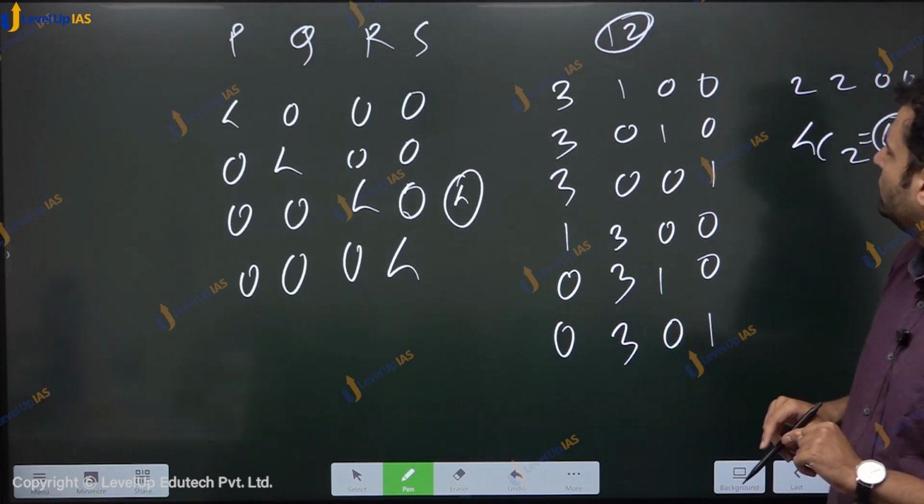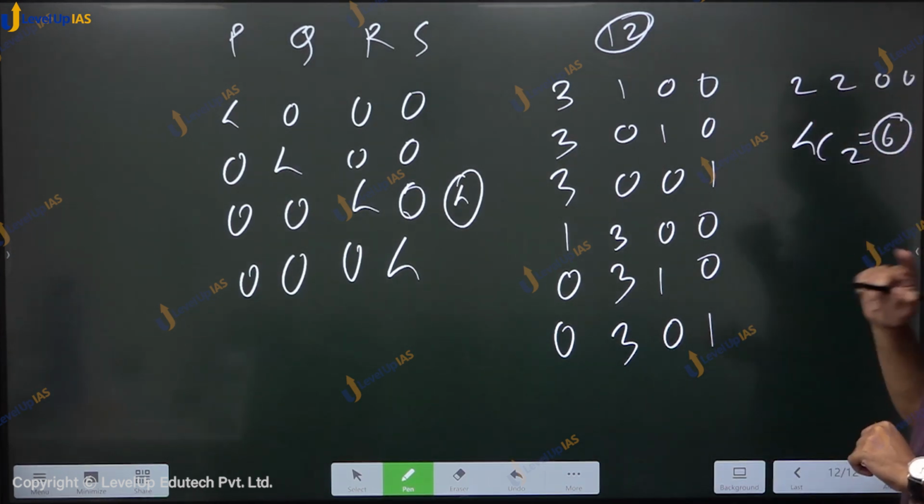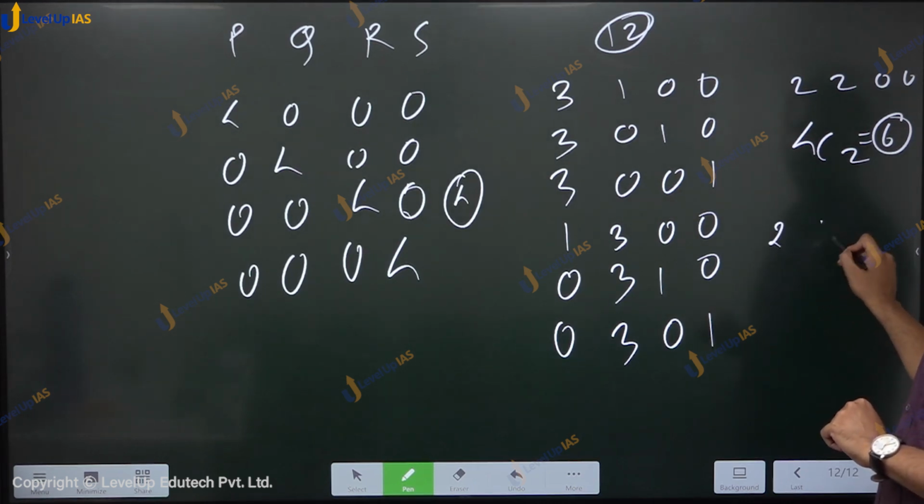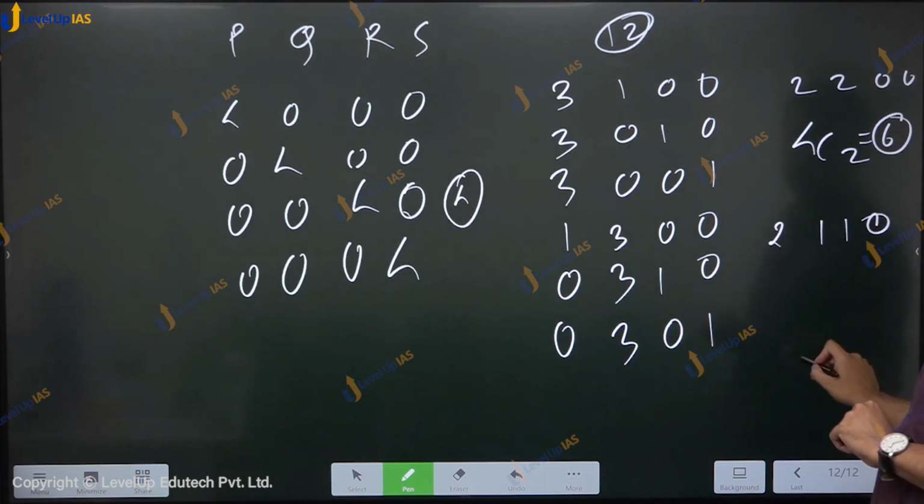Is there any other way you can lose 4 marks? Yes. We can have 2 1 1 0 or we can have 1 1 1 1.